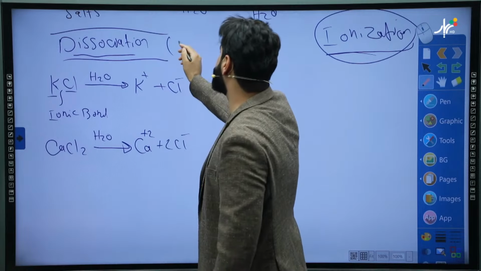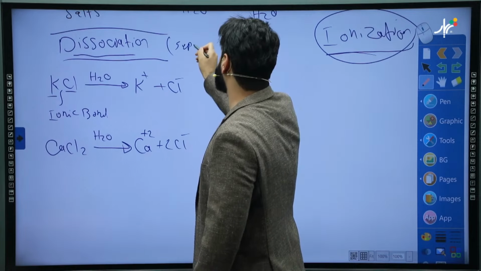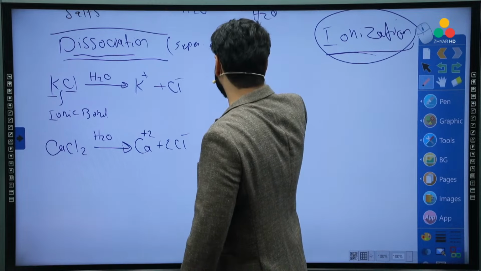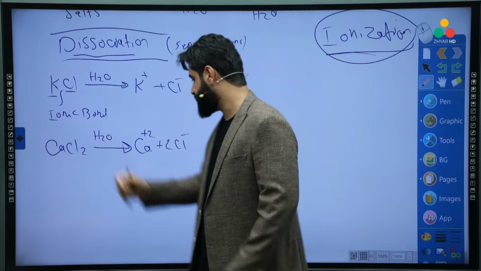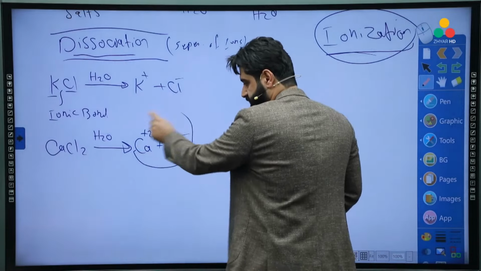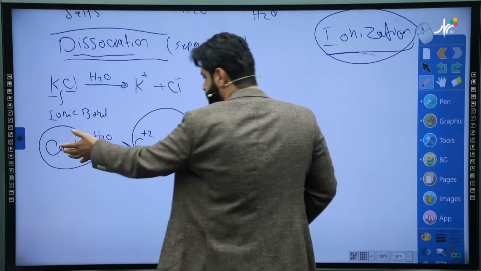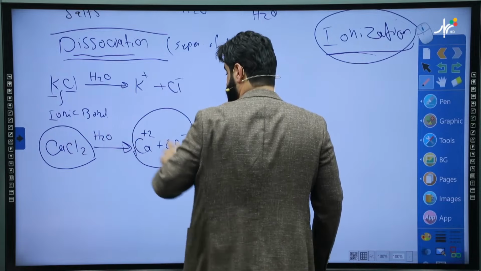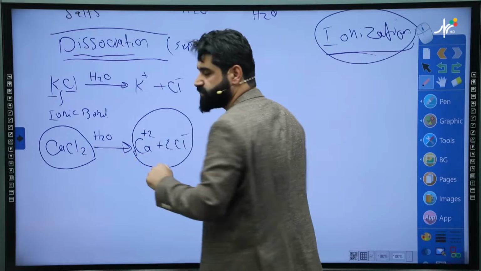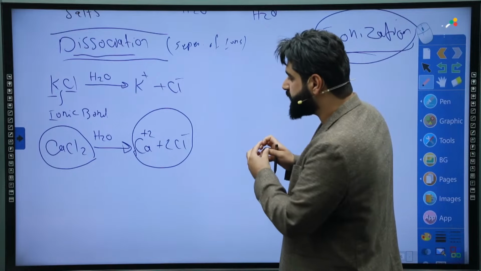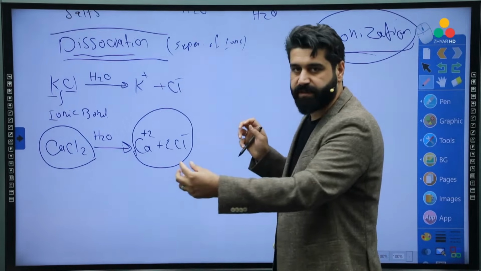So dissociation we can say is separation of ions that are already present. We got those ions, but we know previously we have them already: calcium, two chlorides. So the only thing that happens is they separate from each other.